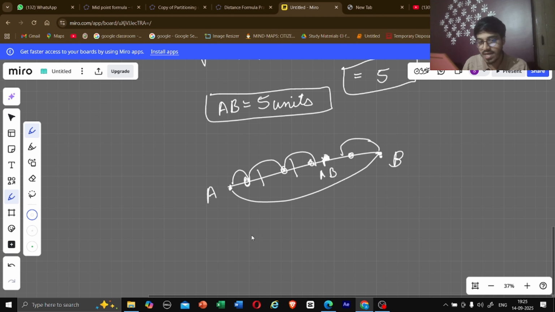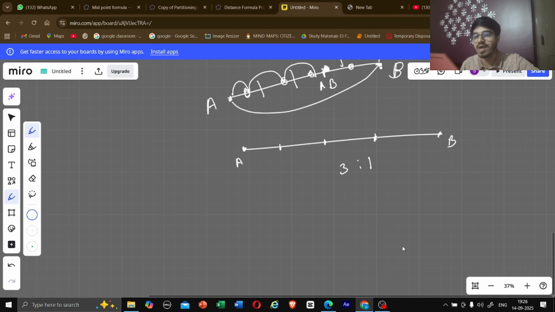So I have divided this line AB in the ratio 3:1, because A has come 3/4 of the distance, as B has come 1/4 of the distance. Totally I have divided it into 4 parts, where A has covered 3 parts and B has covered 1 part.